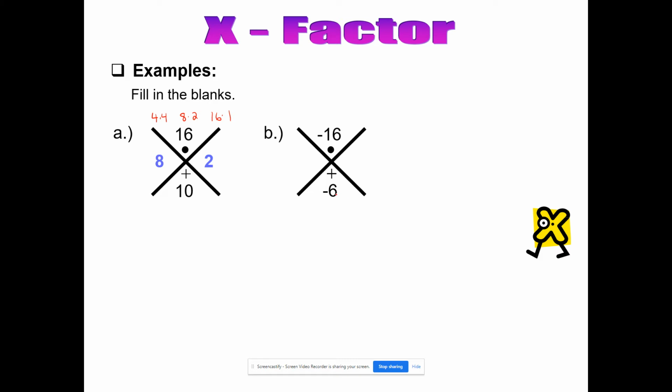Hey, there's a 6. So I need a negative 6. So if I make that a negative 8 plus 2, that will give me the negative 6 that I'm looking for. So negative 8 and 2, now let's check it. Negative 8 times 2 makes negative 16. Negative 8 plus 2 gives me negative 6.